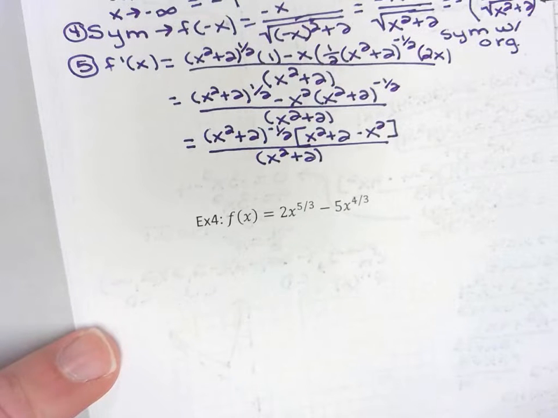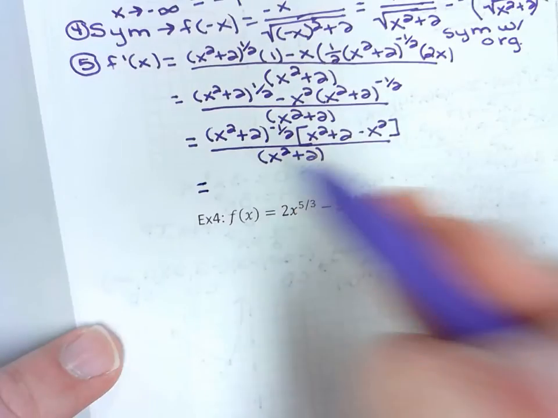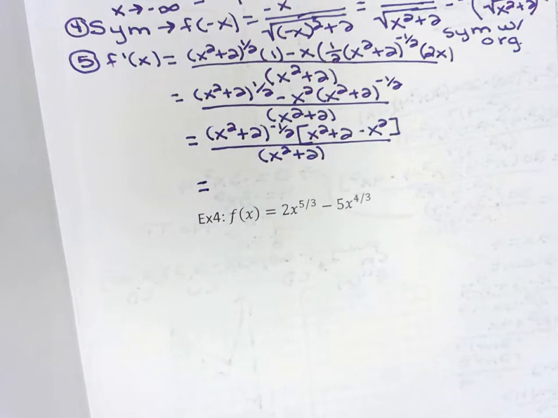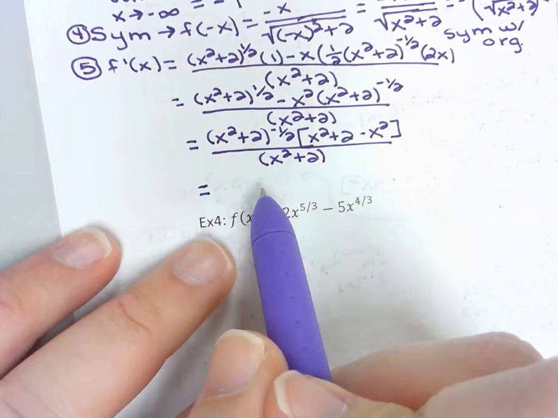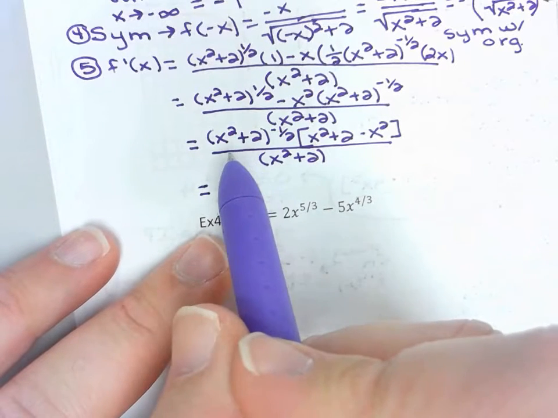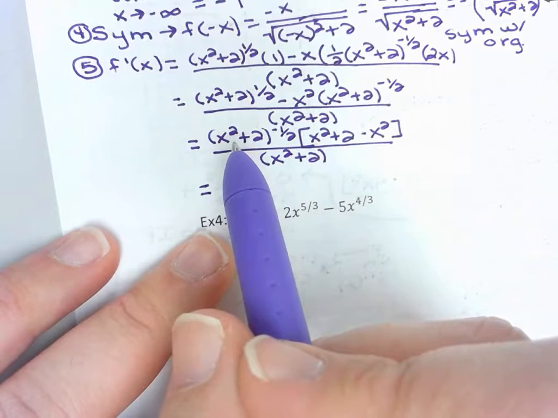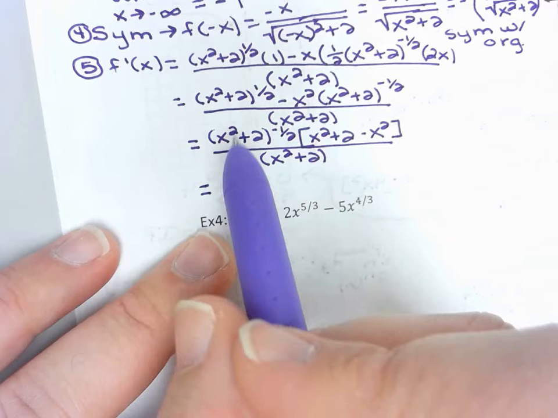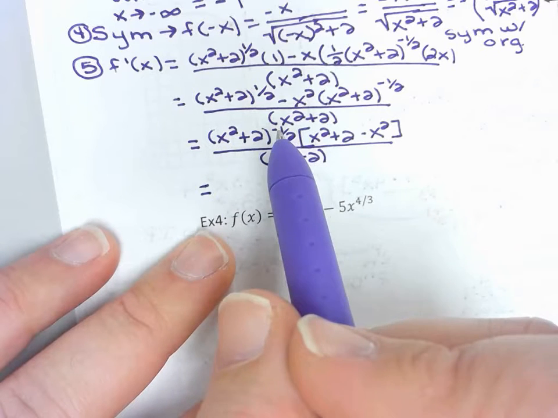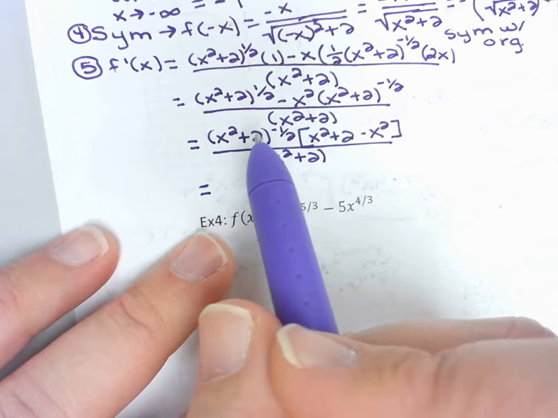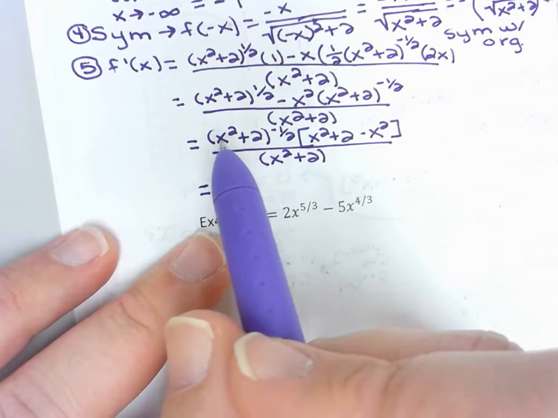Okay, now I'm just going to simplify it as much as I can before I set it equal to 0. If I simplify it a little further, what can I do with the (x squared plus 2) to the negative 1/2? Where am I going to have to move that?